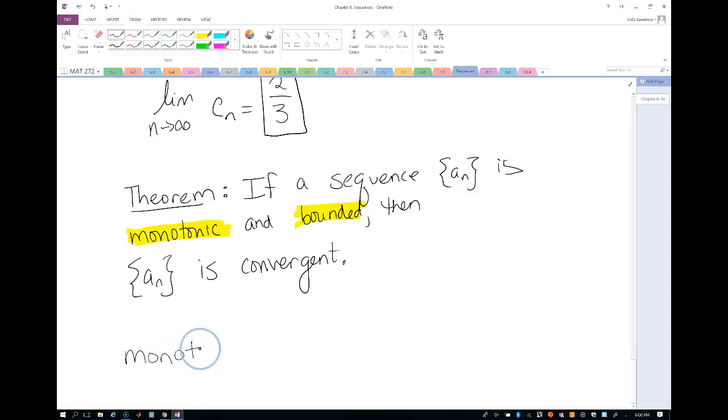Monotonic means that the terms of a sequence are always moving in one direction. They're either always getting larger or they're always getting smaller.